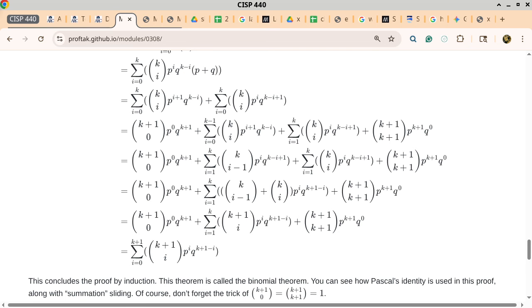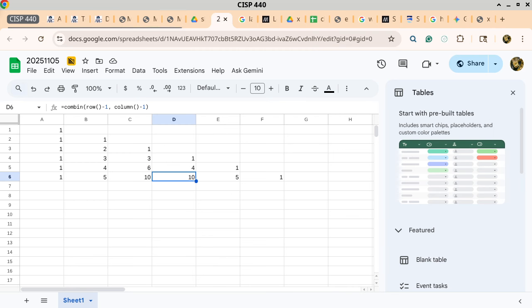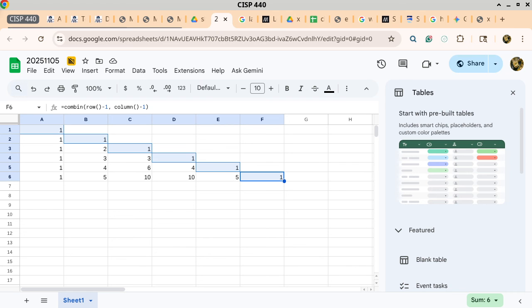And we have seen this already, like at the very beginning of this class, except it doesn't look like it. When you look at this, what is this column representing? This column is representing k choose 0. And then the diagonal line, which I'm going to highlight, is representing k choose k.